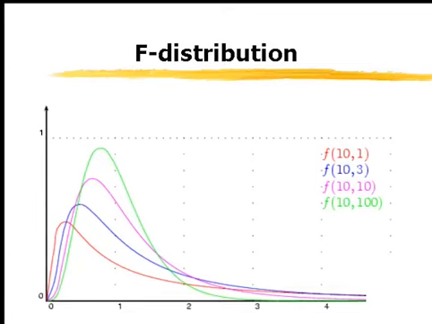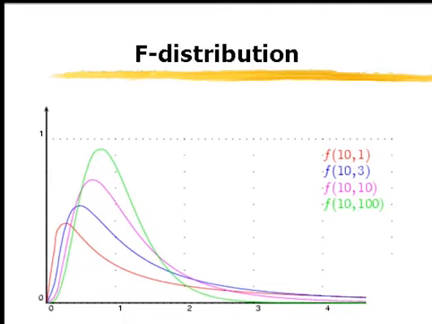So as you can see, the F distribution, just like the t distribution, varies depending upon one, in this case, the number of groups, and two, the number of people in the group, or in this case, the denominator degrees of freedom. And we'll talk a lot more about the degrees of freedom in the F distribution when we get to the actual calculations of the F ratio.